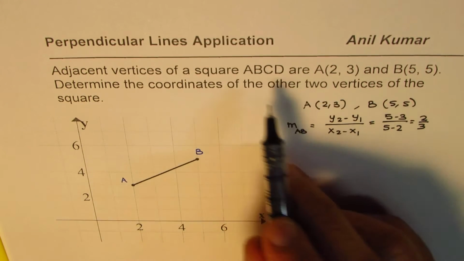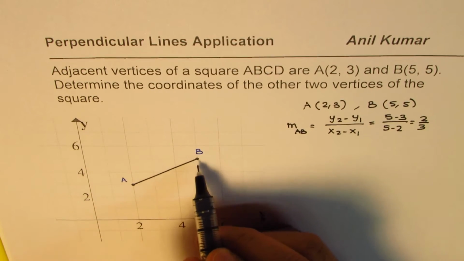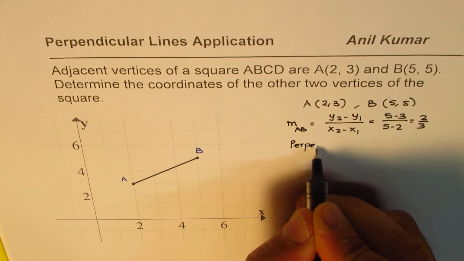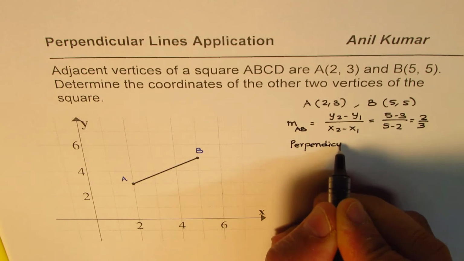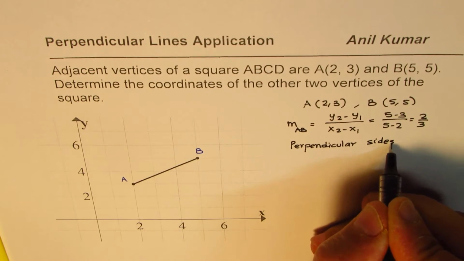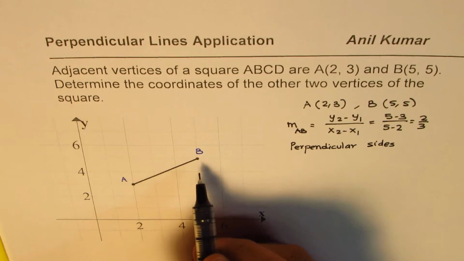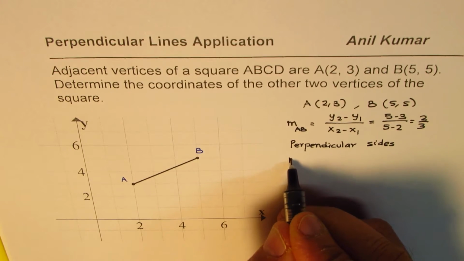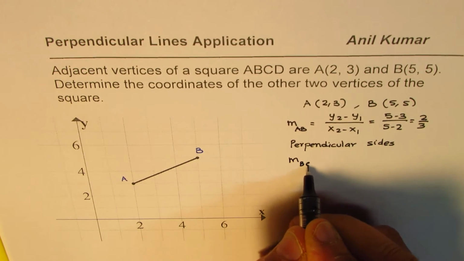Now as you know, in a square the sides are perpendicular. So we are talking about perpendicular sides. That means what should be the slope for, let us say, point C? What is the slope of B to C?